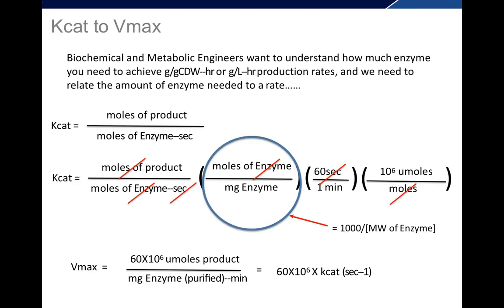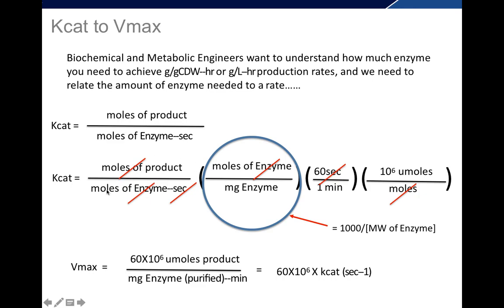So how do we go from kcat to Vmax? If we keep in mind that the kcat really is moles of product per moles of enzyme per second, and we want to end up with grams of product per gram dry cell weight per hour or some other production metric, then we have to know the molecular weight of the enzyme, right? So that is what's missing a lot of times when you're interconverting a specific activity or a Vmax to a kcat: the molecular weight of the enzyme.